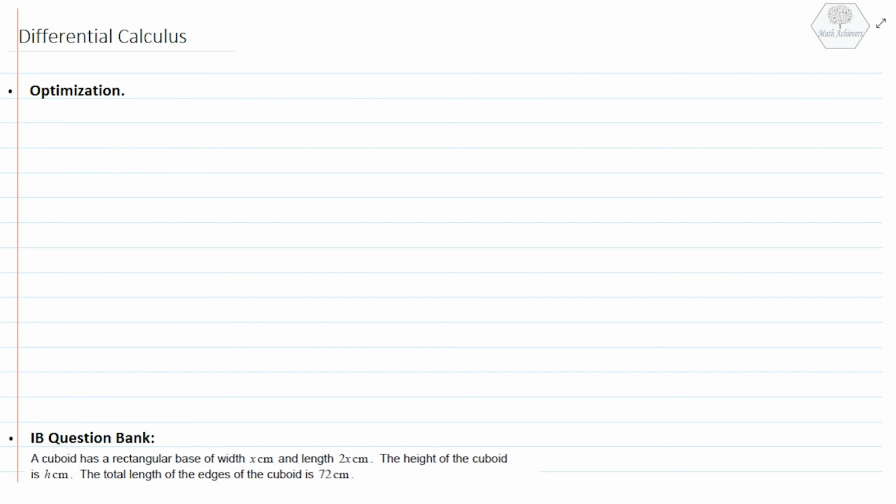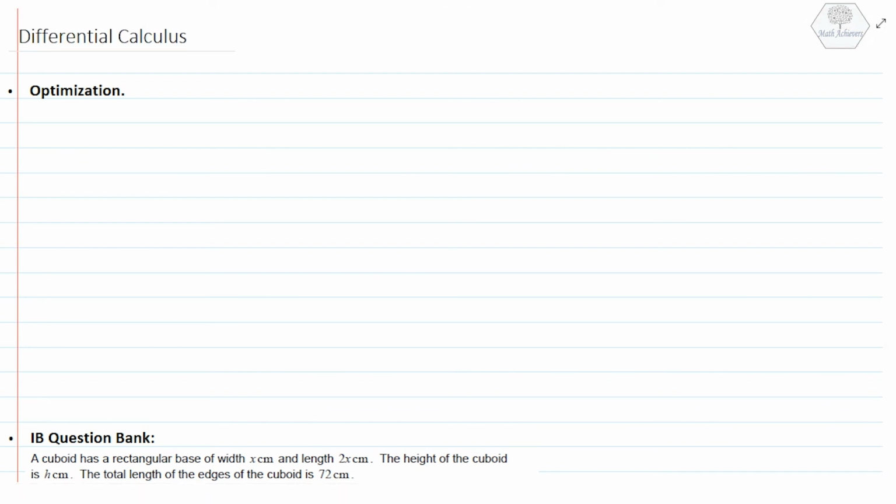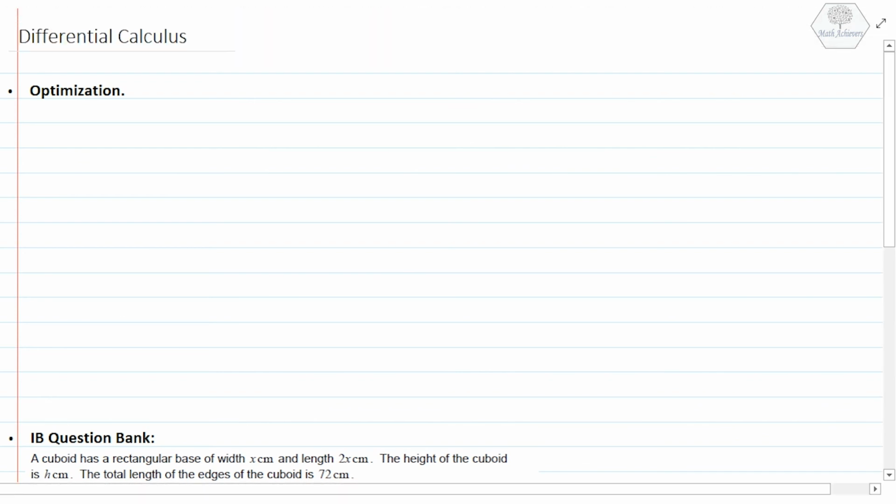Moreover, if you have your own business and you want to find the minimum cost, the minimum cost in this case is also considered as the optimum value. So let's see what optimization is and how we can use differential calculus to optimize our functions.